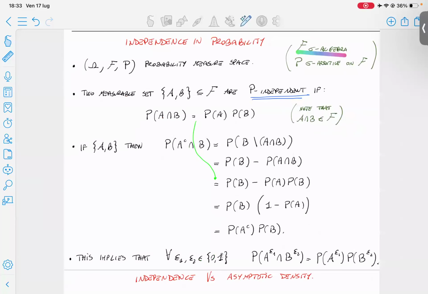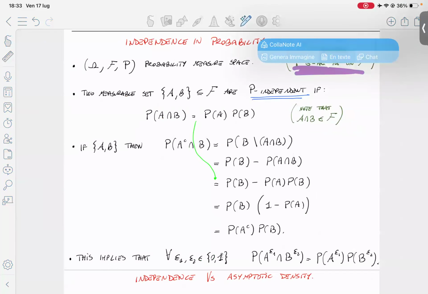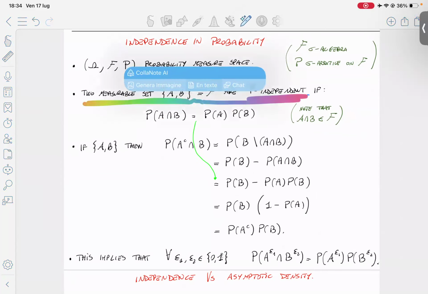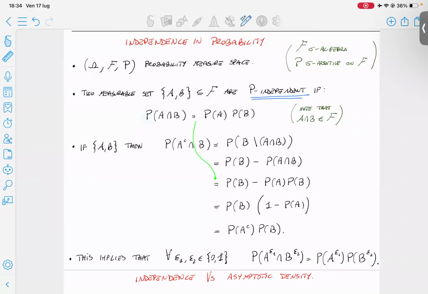F is a sigma algebra, subset of capital Omega, and capital P is a sigma additive measure on the sigma algebra calligraphic F. Then we say, that's the classical definition in probability, that two measurable sets are independent with respect to P if the probability of the intersection is equal to the product of the probabilities. And note that since we have a sigma algebra, it is stable under intersection.